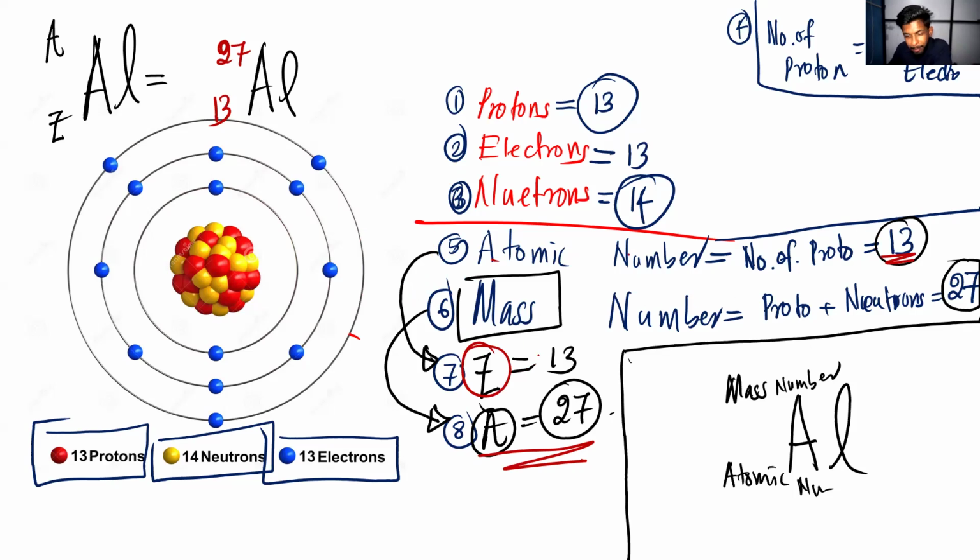Mass number, I will put A. So here, is it clear, my dear? The atomic number, in short I can put Z, that is equal to 13. Here atomic number is equal to 13, so Z is equal to 13. And the mass number is equal to 27, so I will put A.